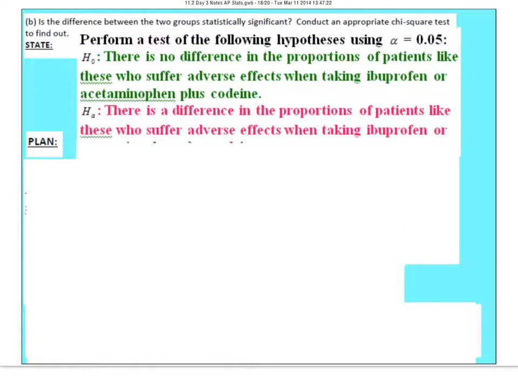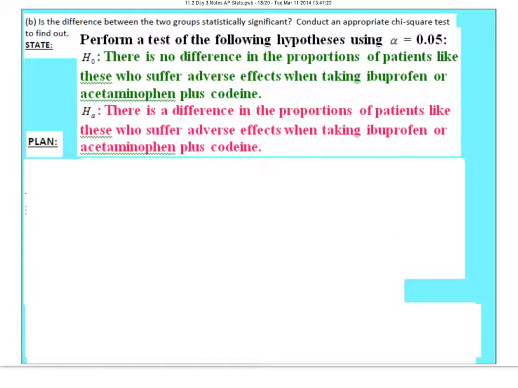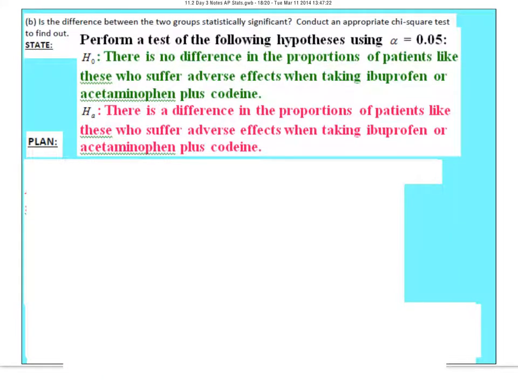But our alternative is there is a difference in the proportion of patients who suffer adverse effects. We are going to do a chi-square test of homogeneity because this is two samples, but it's one variable we're measuring. We're measuring the treatments, but we have our two samples, those getting the ibuprofen and those with the acetaminophen.